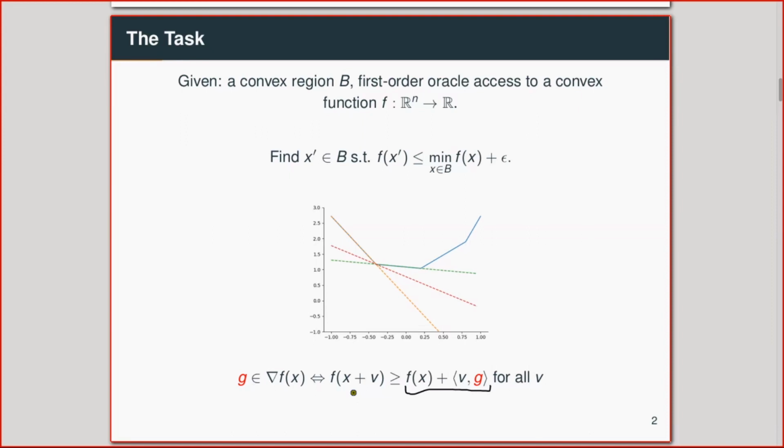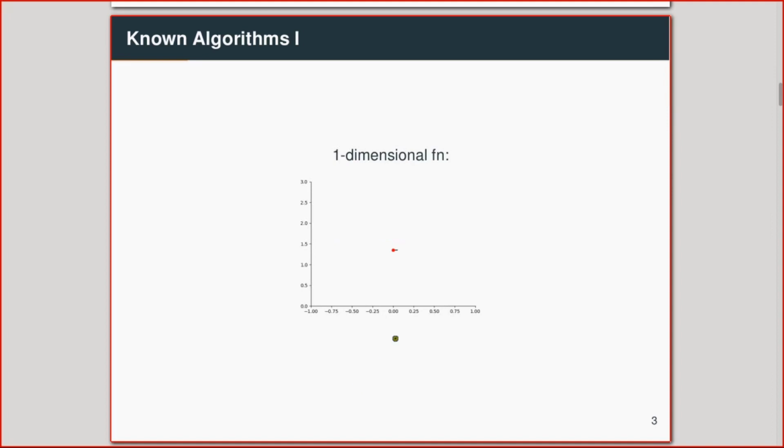Right. So now I've completely described the task, and the obvious question one would ask is, what algorithms are there to actually solve this task? In the case of a one-dimensional function, so x only ranges, say, between minus one and one, we can query in the middle and find out which direction the gradient points, and move in the opposite direction.